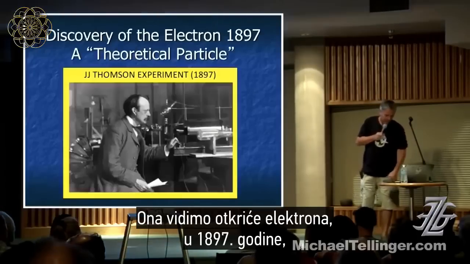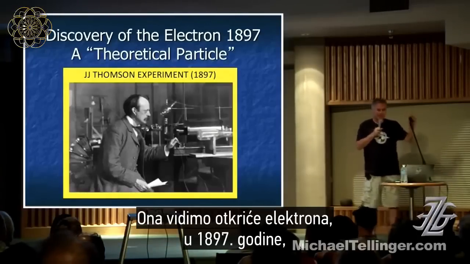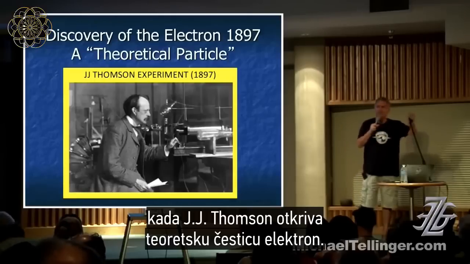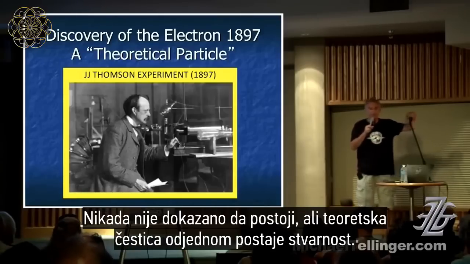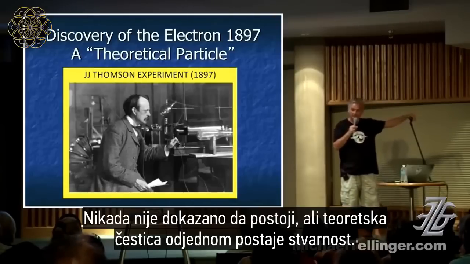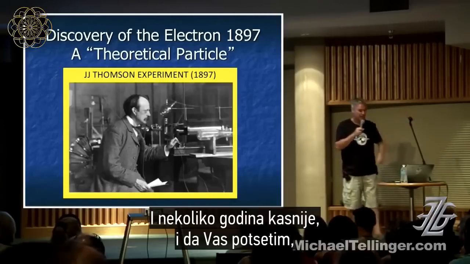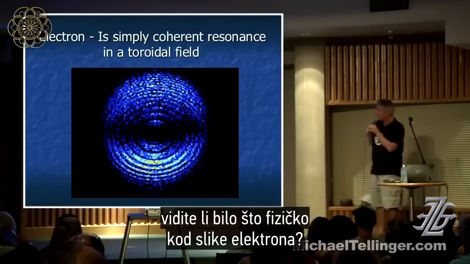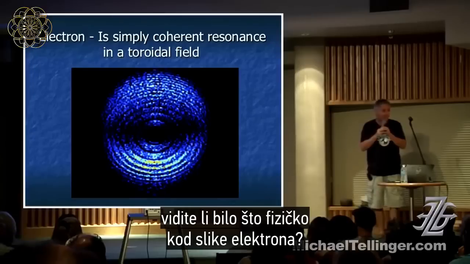Then we see the discovery of the electron in 1897, where J.J. Thomson discovers the theoretical particle, the electron. Never proven to exist, but the theoretical particle suddenly becomes a reality. Let me remind you, do you see anything physical in the picture of the electron?